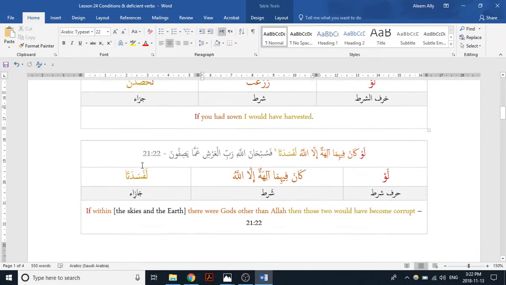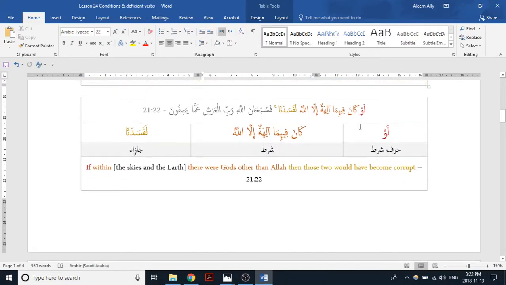And let's take a look at an example from the Quran. لو كان فيهما آلهة إلا الله لفسدتا. So law is acting as a harfu shart. The shart here is actually an entire expression, and it's being started with a verb, which is kana, and everything that comes after it. And then after we have our jaza, which is our result, and that's la fasadata.